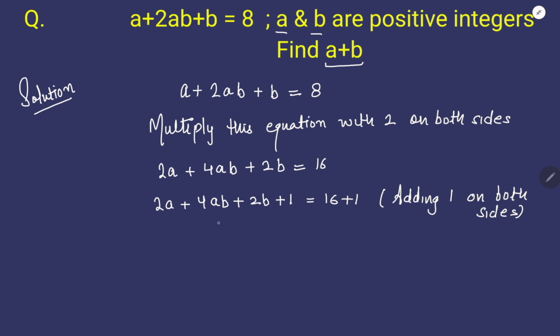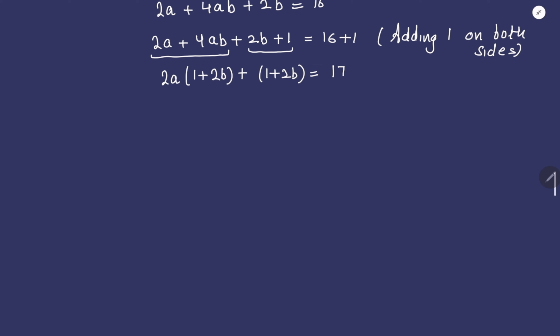So here on the left hand side, I can take 2a common. I will be left with 1 plus 2b, plus this 2b plus 1 can be written as 1 plus 2b, and the right hand side is 17, right?